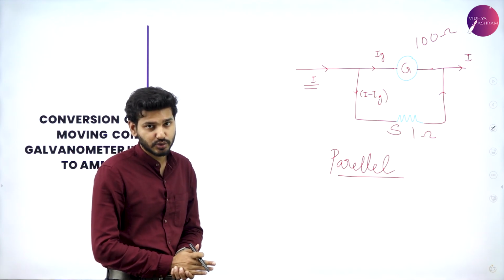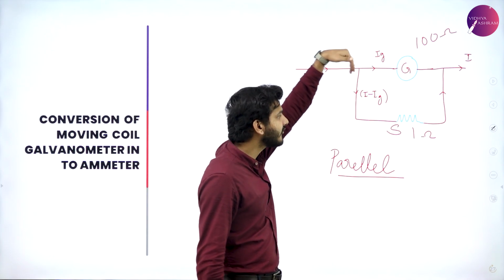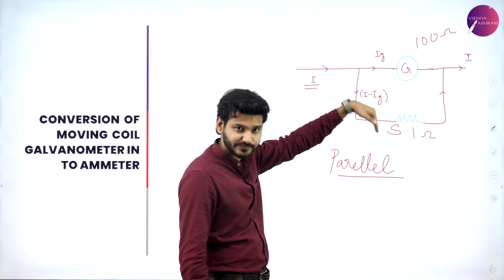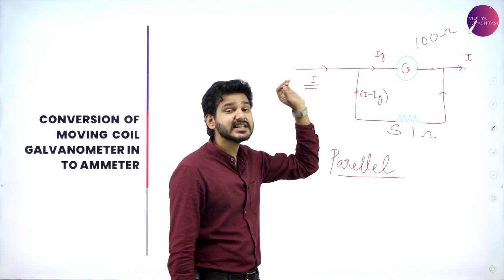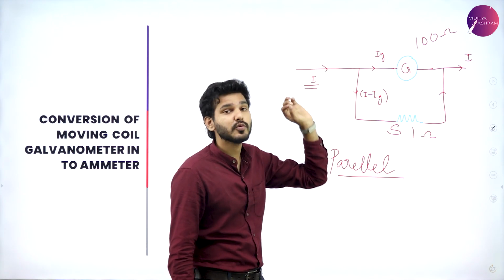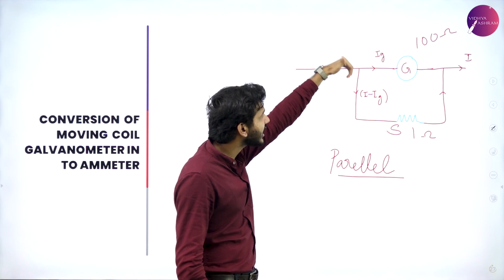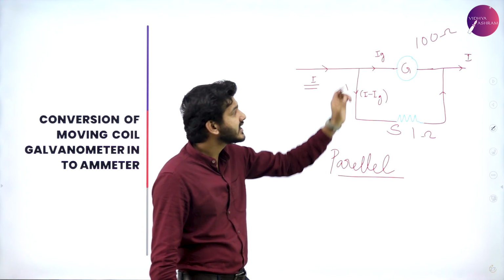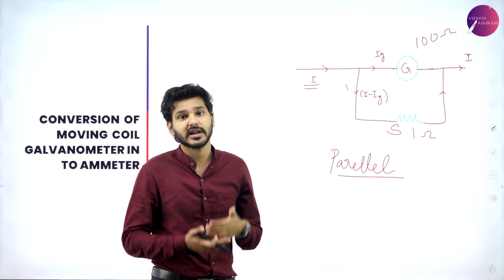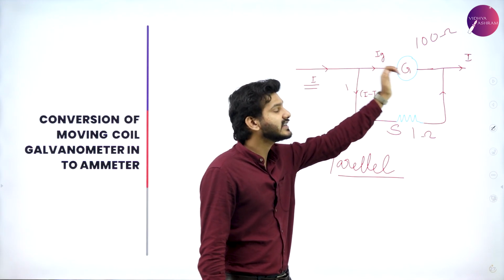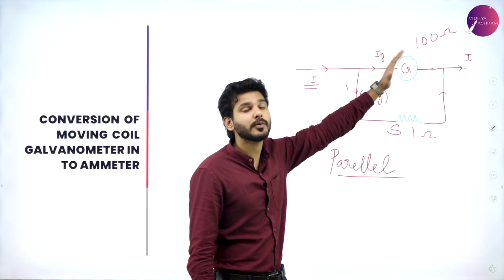Now, why did I just do that? The reason is because I want to ensure that most of the current flows through this particular circuit, so that the current flowing through the galvanometer will be comparatively low, but it still reads the value I want it to show. That is, if 10 amperes of current is coming through like this, the current will split in such a way that even though the galvanometer can only read up to 10 microamperes or 10 nanoamperes, the needle will still point towards 10.